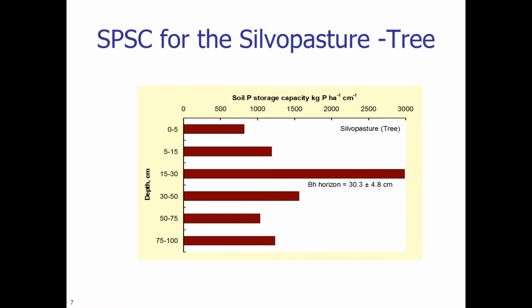Note, this is a Spodosol with a Bh horizon occurring at approximately 30.3 centimeters. What we notice here is that the SPSC is positive throughout. How positive it is depends on the depth. You will notice that it's highest at the Bh horizon.